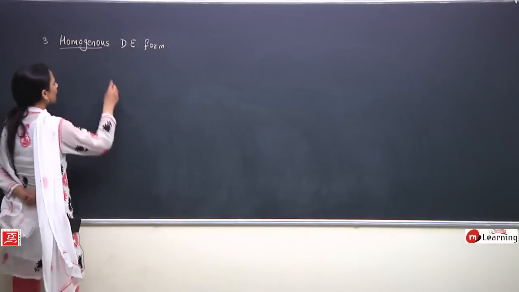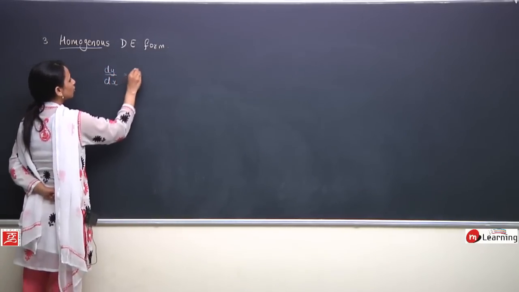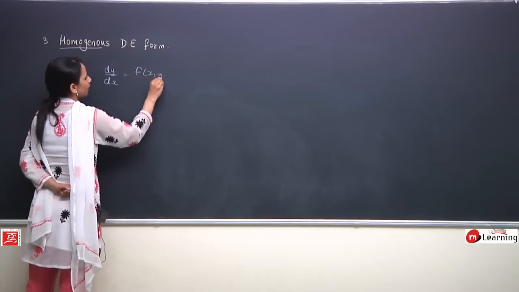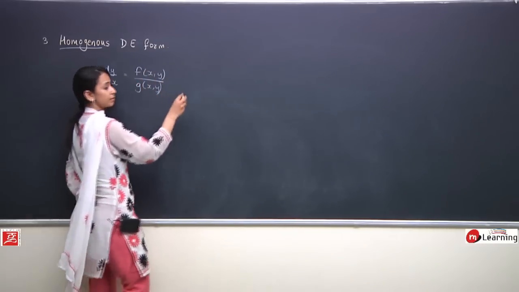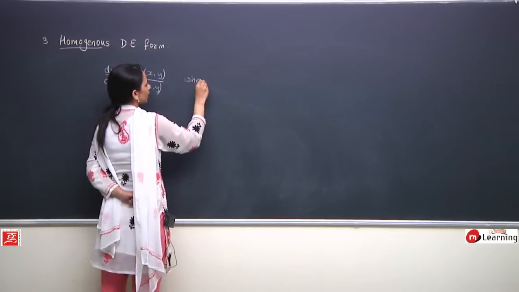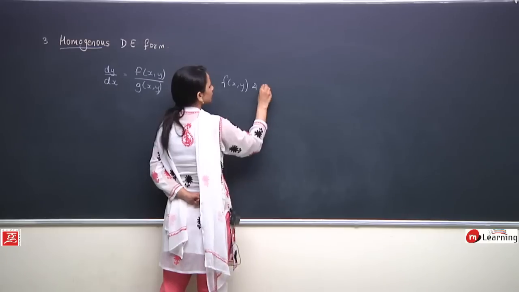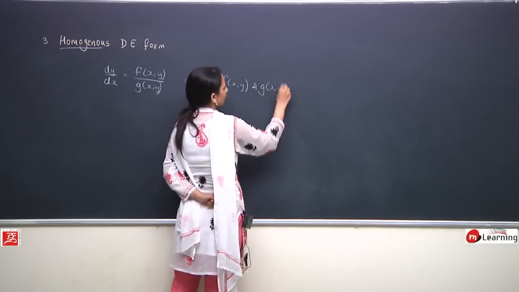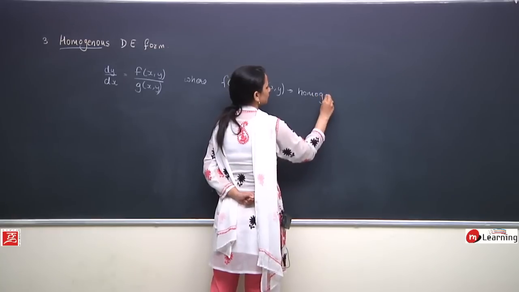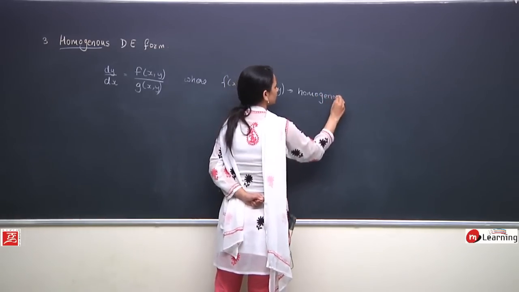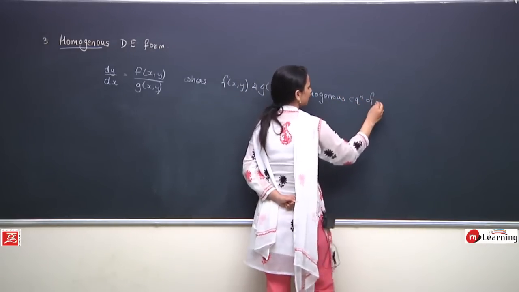Now let us say we have a differential equation of the form dy by dx is equal to f of x, y upon g of x, y, where f of x, y and g of x, y are homogeneous equations of the same degree.